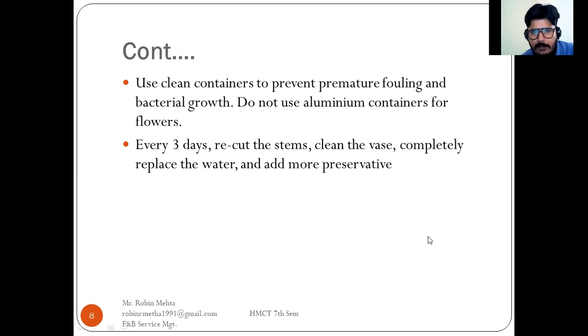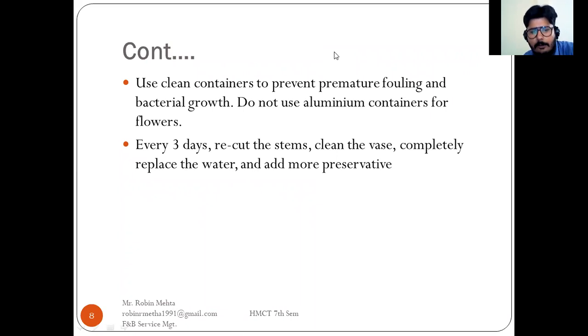Whenever you make a flower arrangement, always use clean containers, because if we don't, some kind of bacterial or fungal attack may affect the flowers, and premature fouling and bacterial growth may happen. And do not use aluminium containers for the flowers.